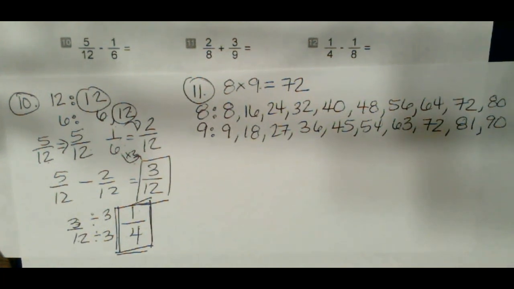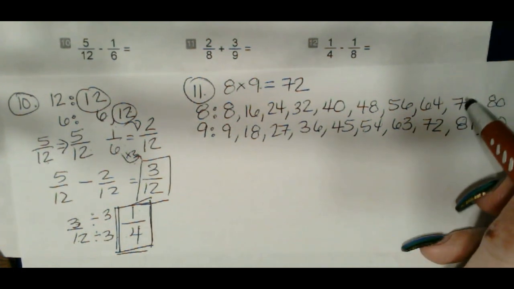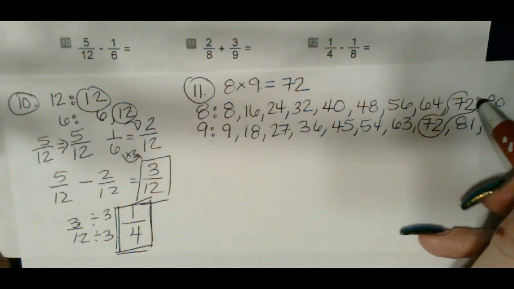I went ahead and did a couple extra just to prove our case. So when looking at all these values, what they have in common, the lowest one is, sure enough, 72.